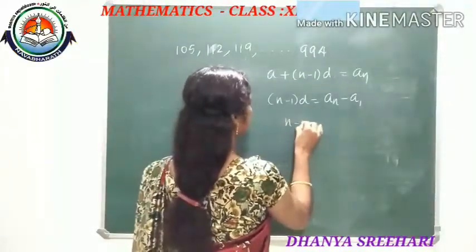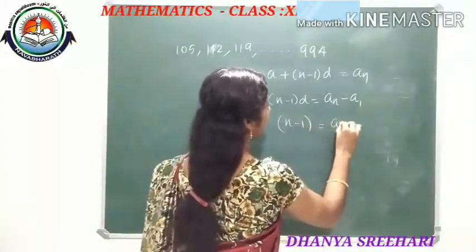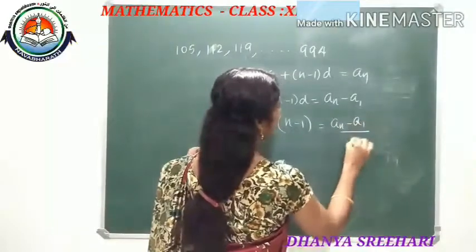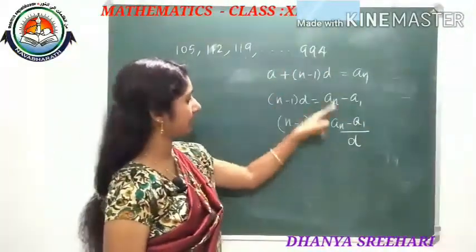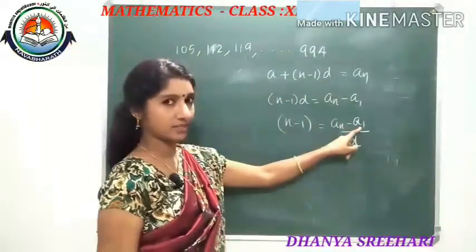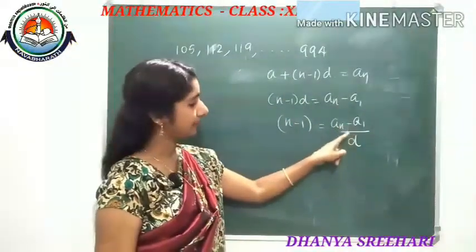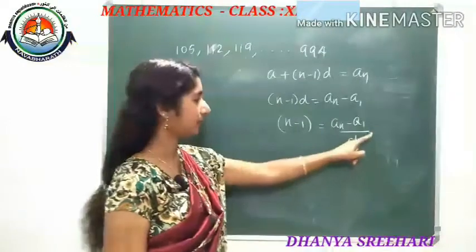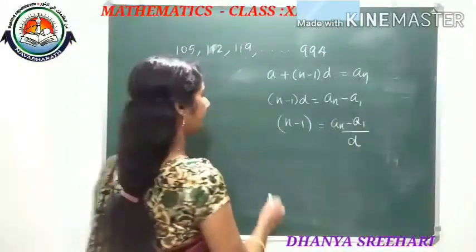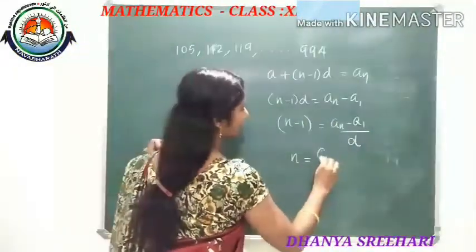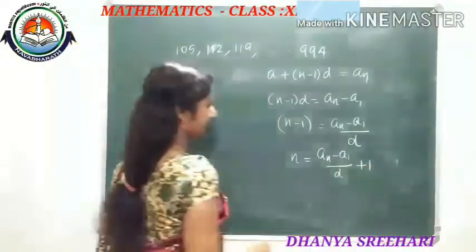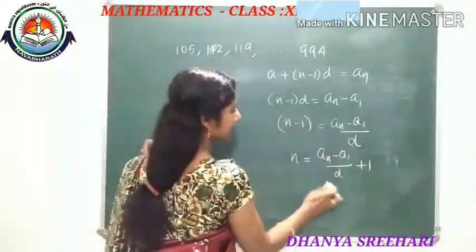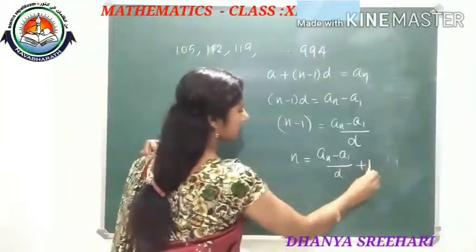And the next step, N minus 1 is equal to An minus A1 by D. We did the same procedure. We wrote 994 minus 105 first. We got 889. Then by 7 we did. We got 127. Then the last step, N is equal to An minus A1 by D plus 1. This we got as 127. So 127 plus 1 is the final step.